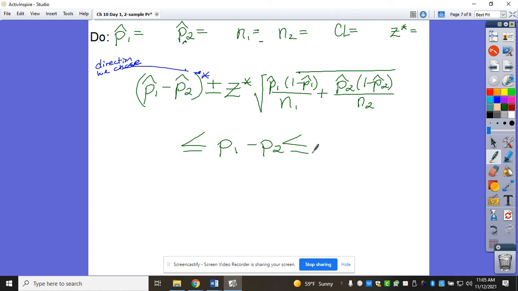And that's that same direction, but should these have hats? No, because this is what we're estimating that the population is. P hats, we already know the difference. So those are your parameters. Then we have our lower and our upper.